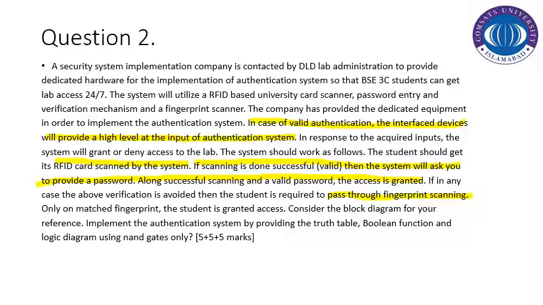So this is the first condition. Be very careful with the statement. And the second thing is that if the fingerprint scanning is successful, or RFID and password is successful, then the lab access is granted.